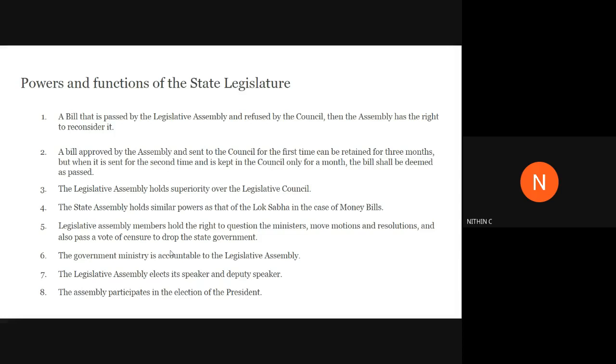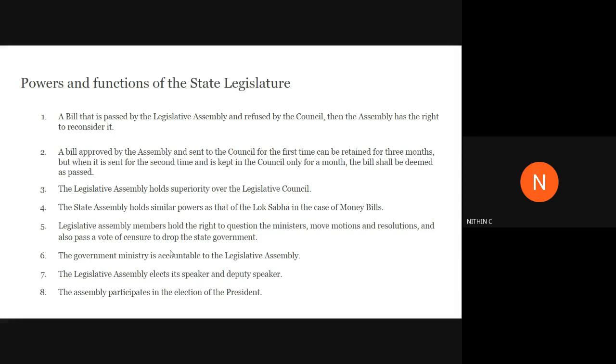A bill approved by the assembly and sent to the council for the first time can be retained for 3 months, but when it is sent for the second time and kept in the council only for a month, the bill shall be deemed as passed.